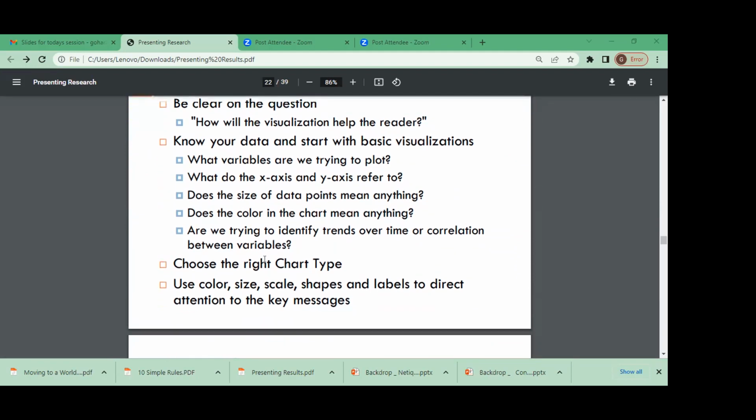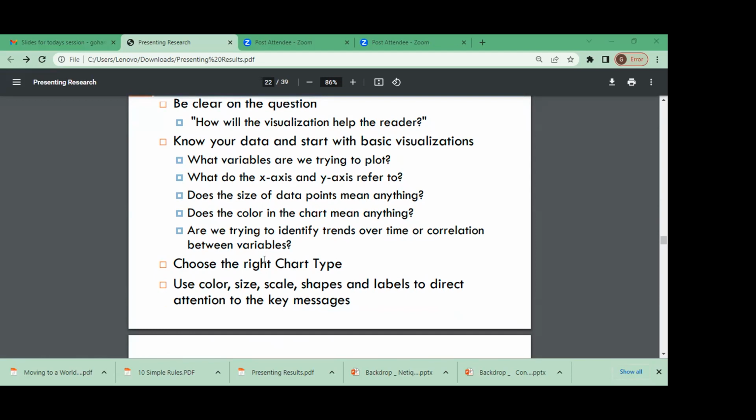While you're doing the graphics, you have to be clear on the question: how will the visualization help the reader? You have to ask this question of yourself. Another thing: know your data and start with basic visualization. I've seen people going with a very complex statistical analysis and complex visualization, and they think that they're doing a very difficult type of statistics, so their research paper is really good.